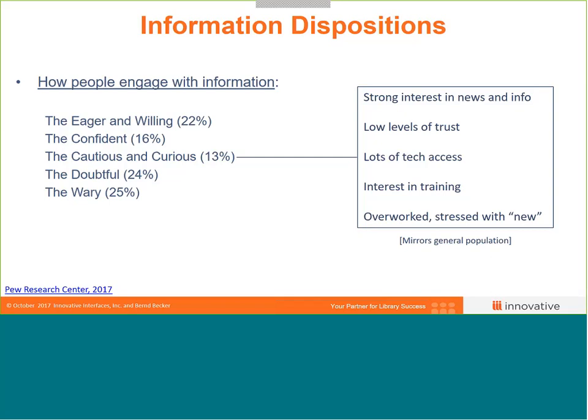So that's the big 3. This group is twice as likely as all adults to be interested in getting training on digital skills and information literacy. At the same time, they also report significant levels of stress over trying new things, and they have busy lives. So this is also an ideal group whose attention you might want to capture, but they also happen to be the smallest group.